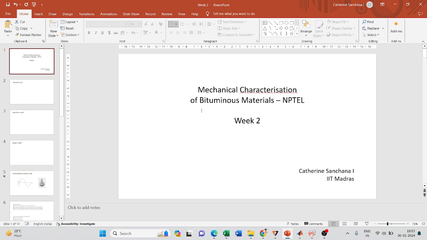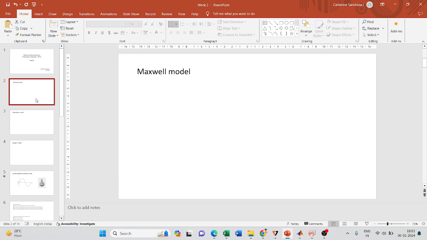So first, I will begin with deriving a few viscoelastic models, which has been explained by Sir, and later we will be moving on to solving some previous year's assignment questions. So first, we will begin with the Maxwell model.